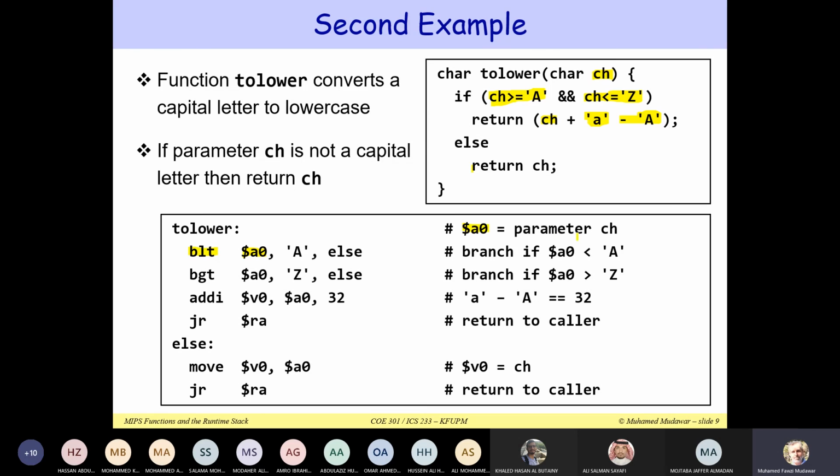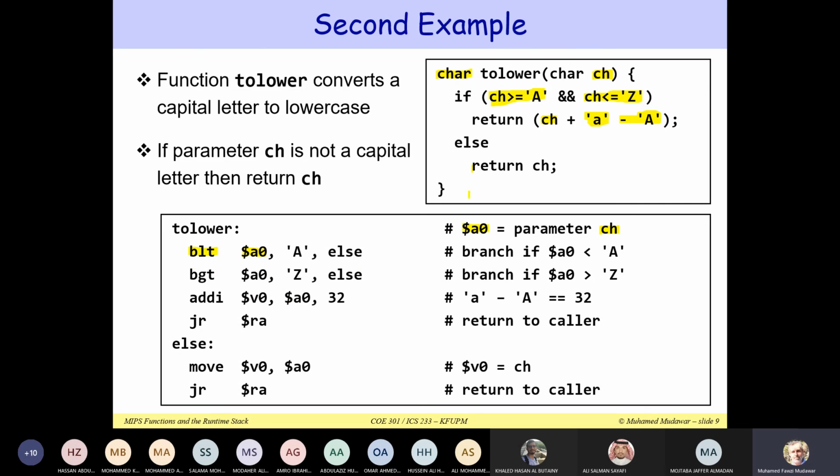Since we are returning a character, it must be returned in V0. Look at how the function is written and you will know what the parameters and results are. In this case, we only have one parameter, A0, and one result, which has to be passed in V0.